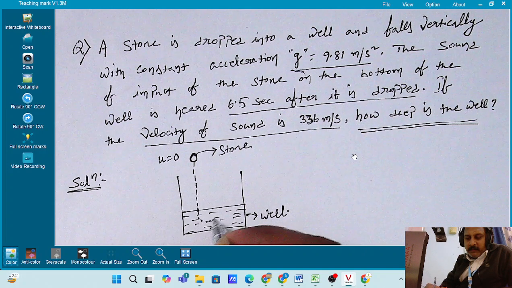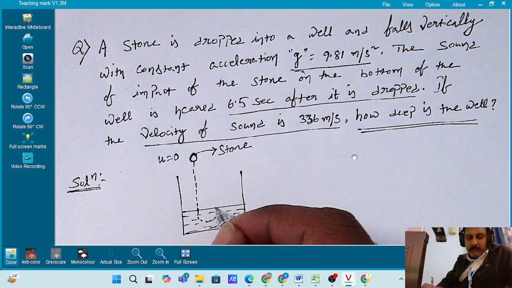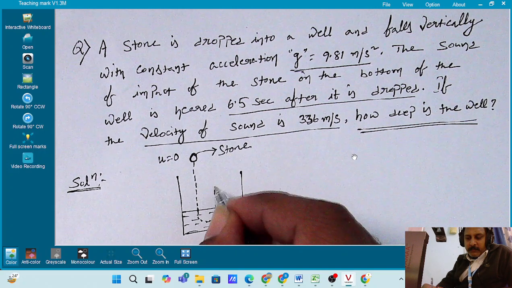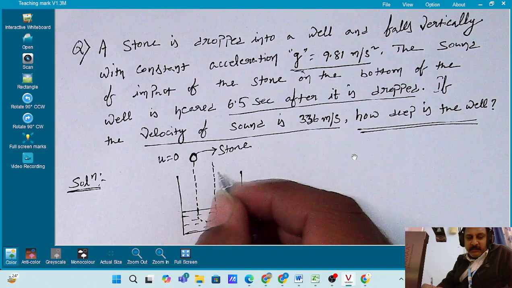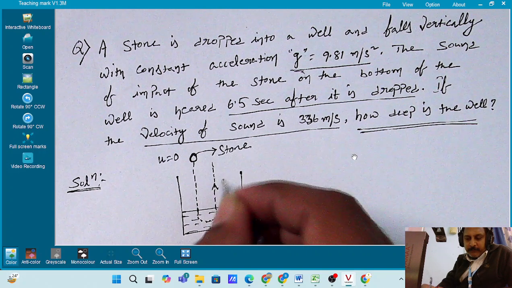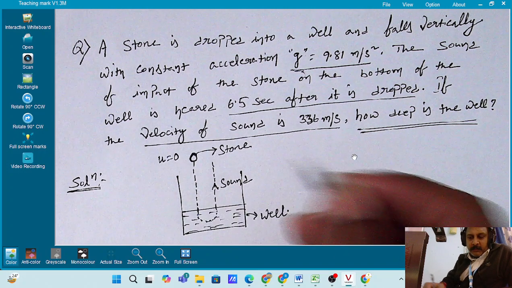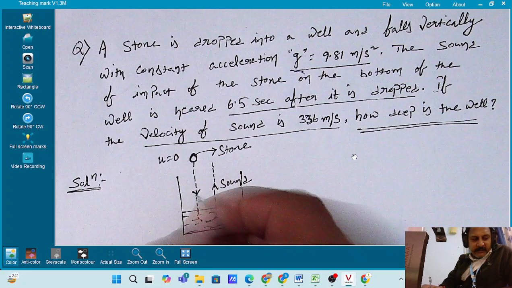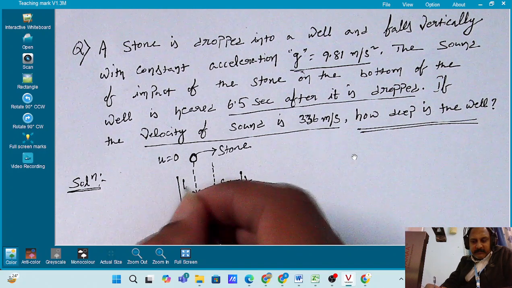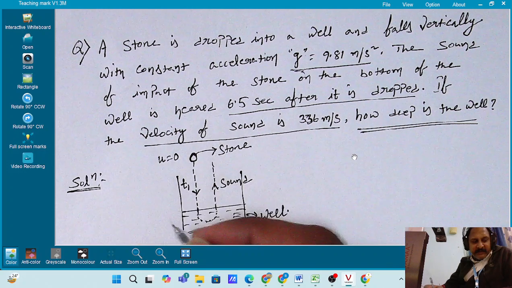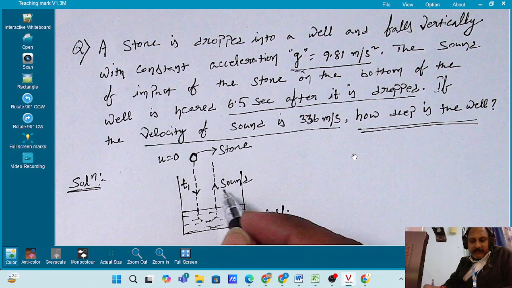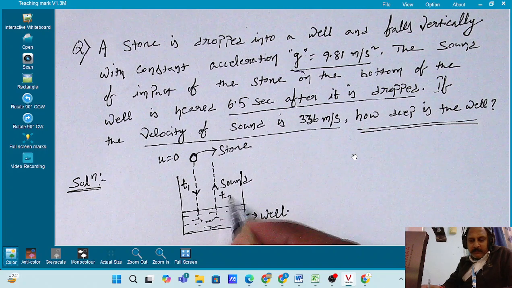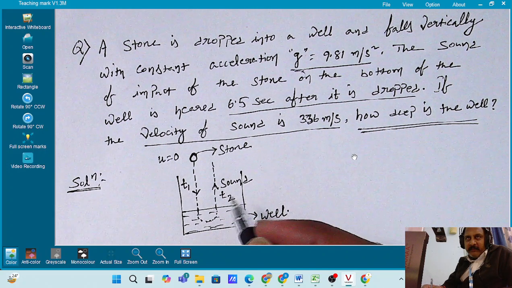Now that sound travels to your ears. What I am drawing now is the sound traveling to your ears. Suppose T1 is the time taken by the stone in the well and T2 is the time taken by the sound to be heard, which you hear with the help of your ears.